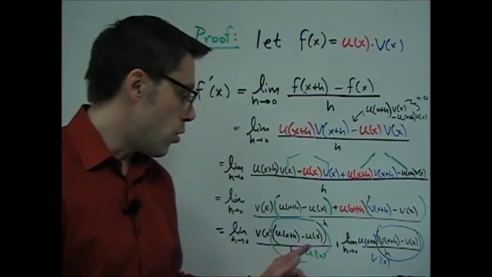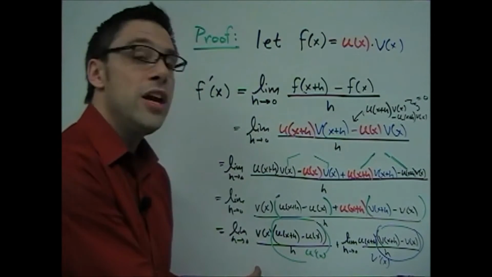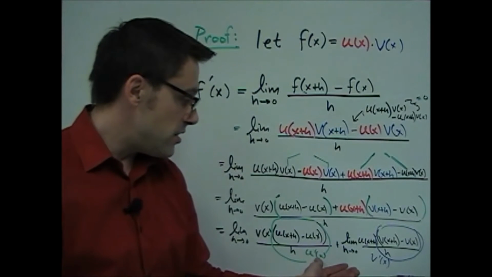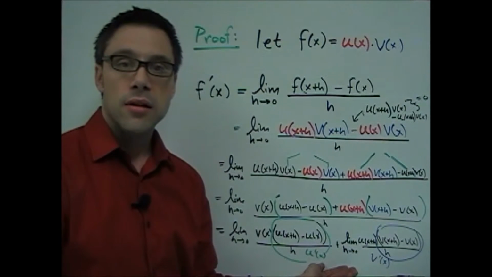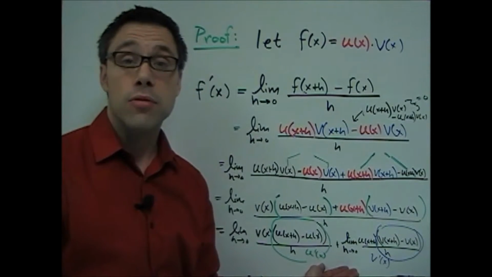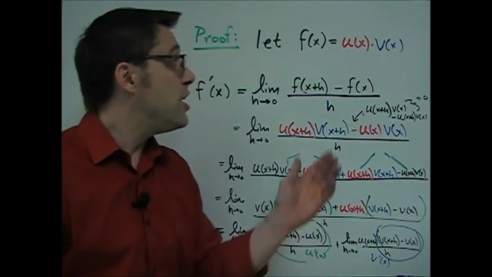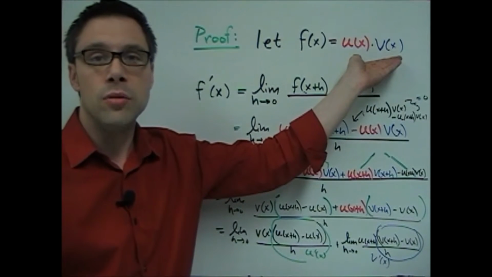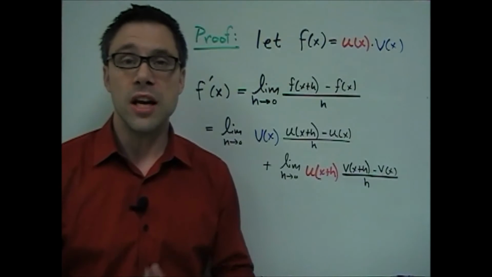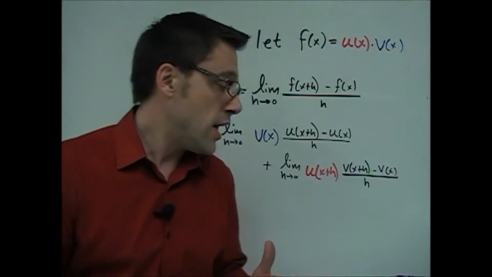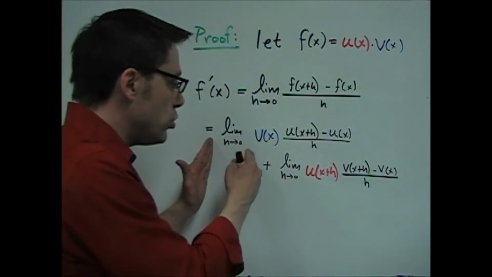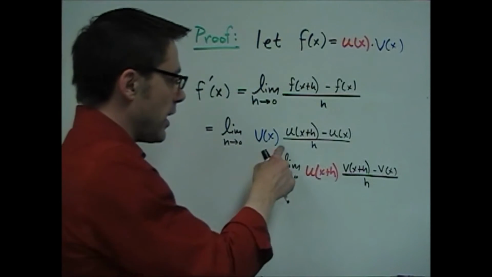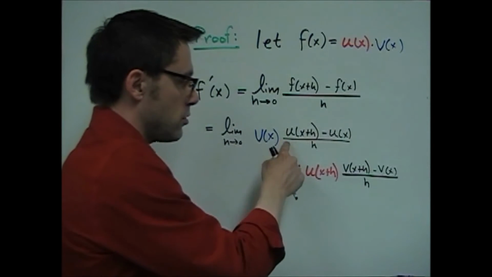So let me write this in a more coherent way. And you can see that exactly we've proved that the product rule will work for any generic function defined as the product of two other functions, u and v. So now I've rewritten what we came up with. That is, I've got the sum of two limits, right? So the first one has this v of x out here with this difference quotient.